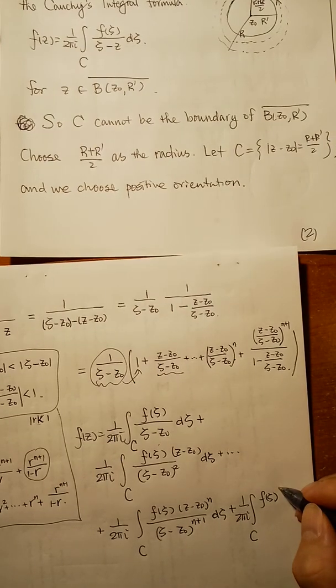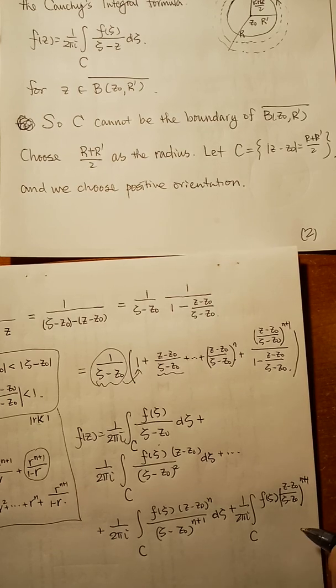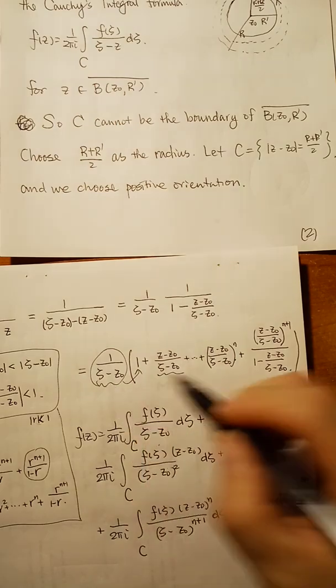It's z minus z0 over theta minus z0 to the power n plus 1, and then this term times this term.